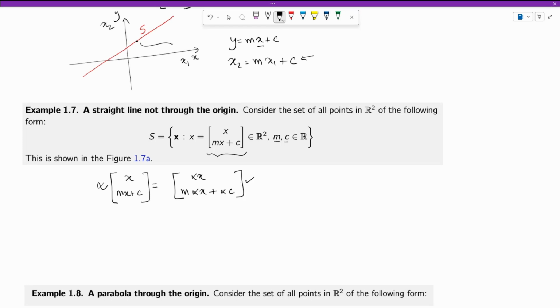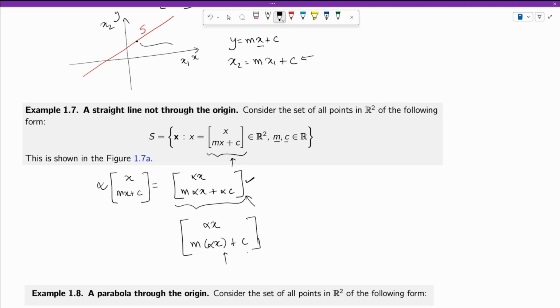Now the question is, does this have this form? If it were to have this form, it should look like this: if the first element is alpha x, the second element has to be m times alpha x plus c. Then this point will be in the set S.